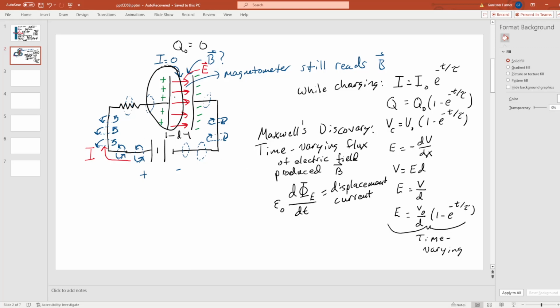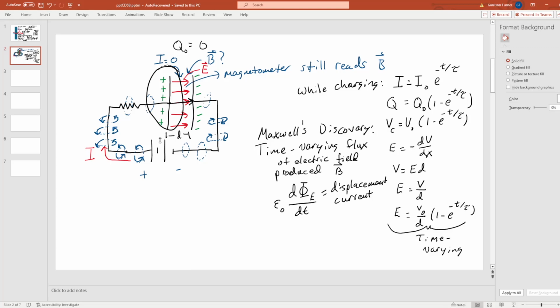And it's a value equal to what the current would be if there were a straight wire through here. Okay? So this current is not from charges moving through wires, but from the changing of an electric flux through some arbitrary surface.